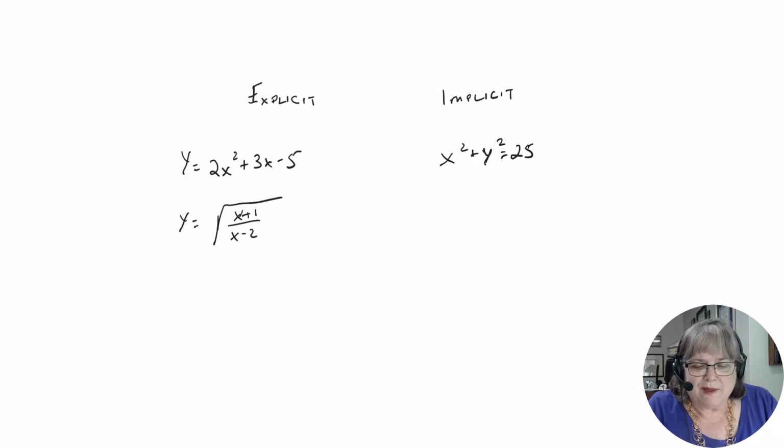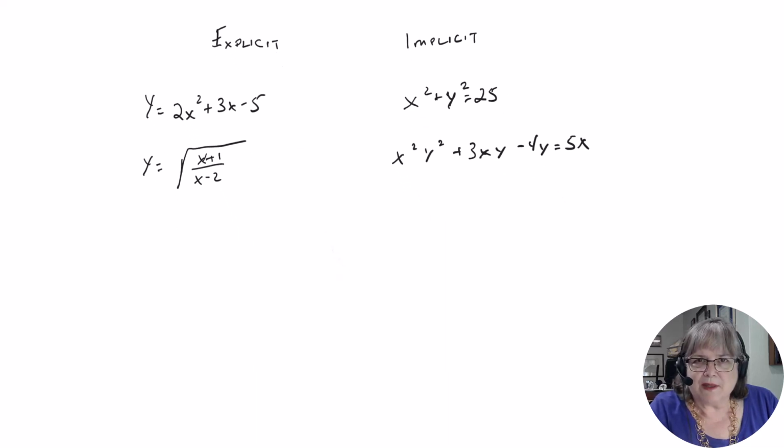It might be something a little bit more complicated, like x squared y squared plus 3xy minus 4y equals 5x. Something like that, where the x's and the y's are all mixed up together. So it's not clear cut how you get from y to x or from x to y.